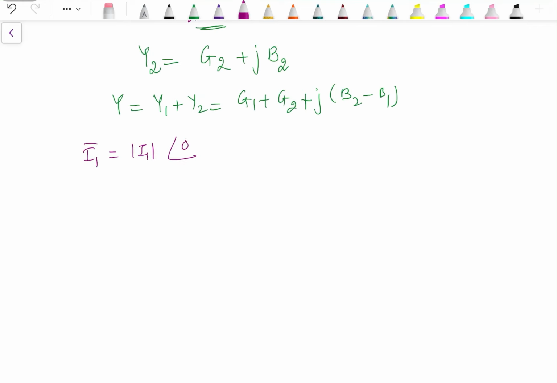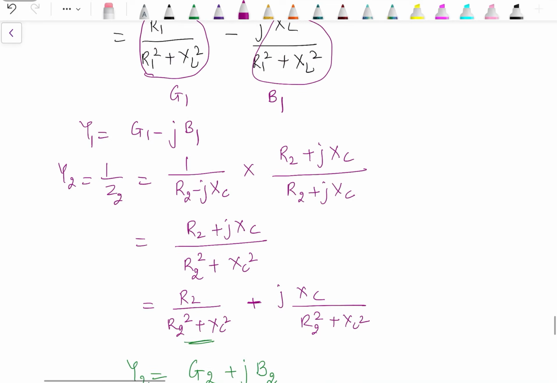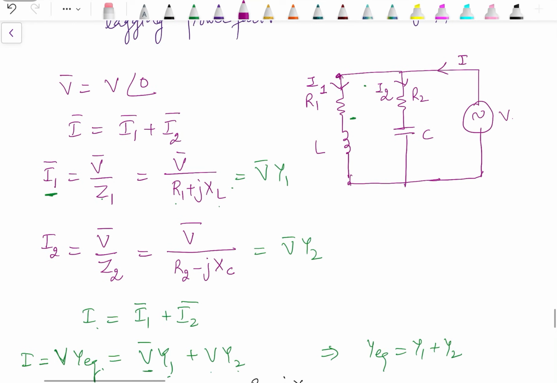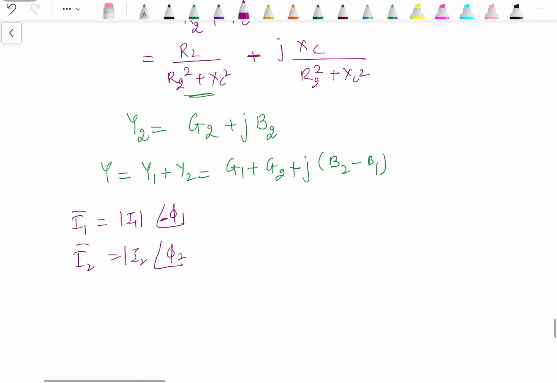I1 angle phi 1, and I2 is I2 angle phi 2. Since the first branch is an inductive branch, the current will lag behind, so this will be minus phi 1. The second branch is an RC branch, so this current will lead the voltage, so this angle will be plus phi 2.